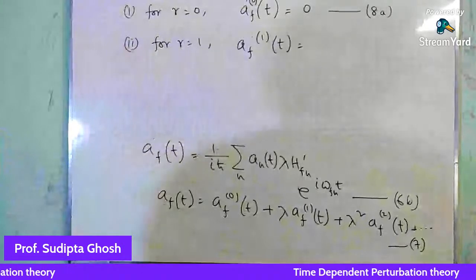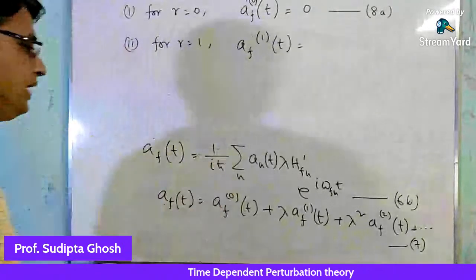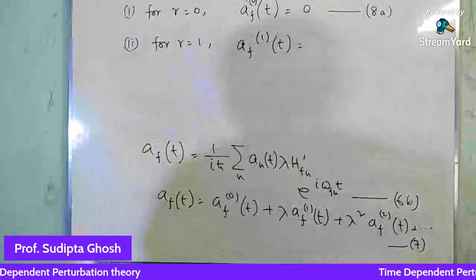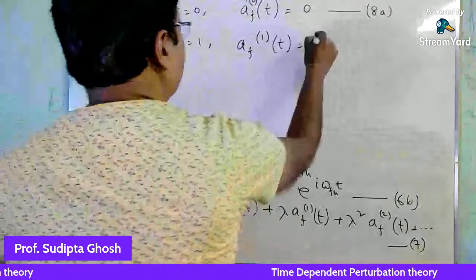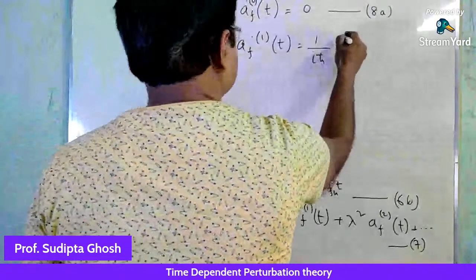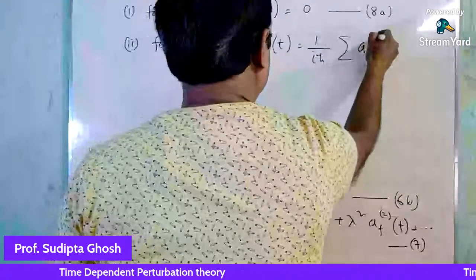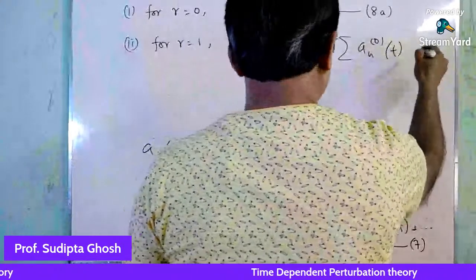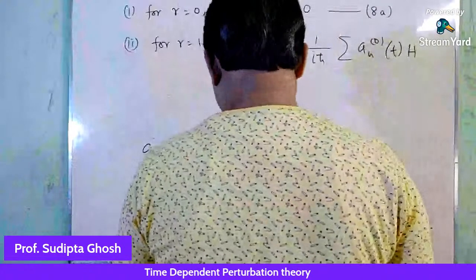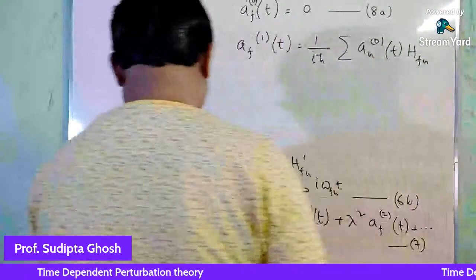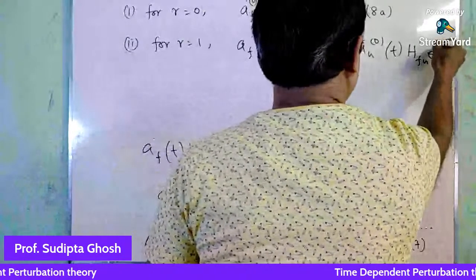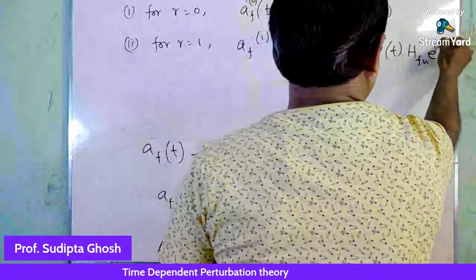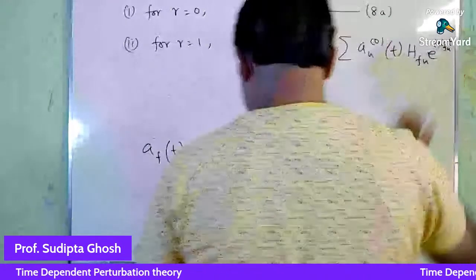It can be written as, and then a_n, so a_n becomes a_n0 lambda, so it can be written as 1 by i h-cut summation over a_n0, a function of time, that is a_n0(t), H prime_fn, e to the power i omega_fn t.